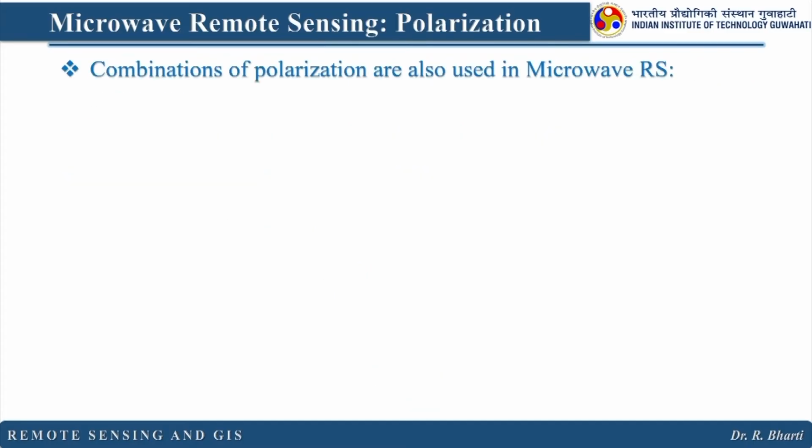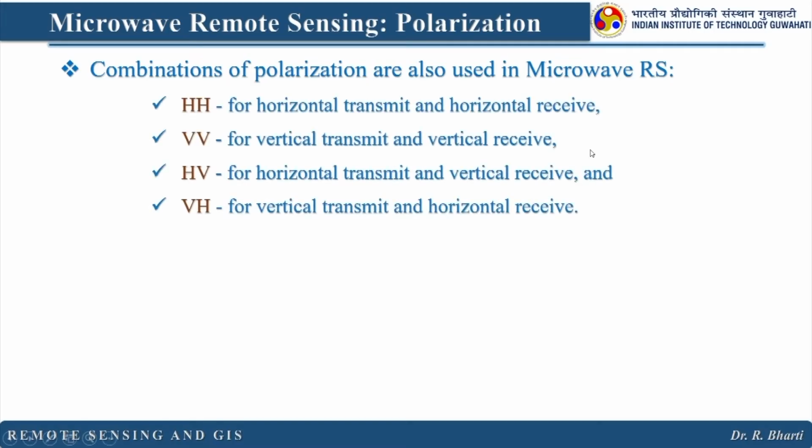So the combinations of polarization are also used in microwave remote sensing, and the first one is HH. HH means the transmitter will be in horizontal polarization and the receiver will be in horizontal polarization. The next one is VV: vertical transmit, vertical receive.